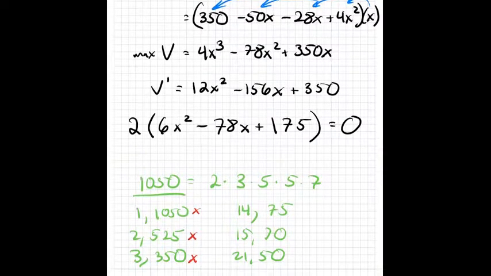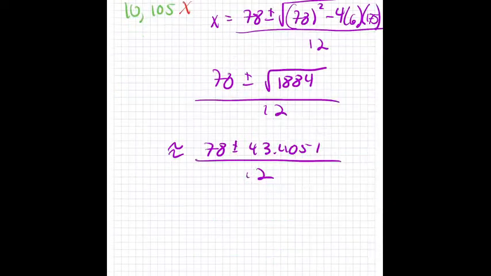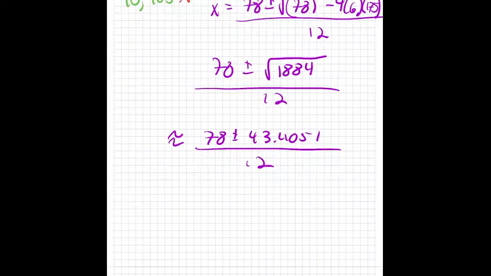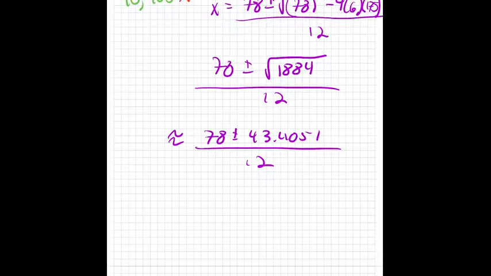So let's get those approximations. We're almost there. Don't fret. So here's the positive x. Hey Siri, 78 minus 43.4051 divided by 12 is about 2.829.